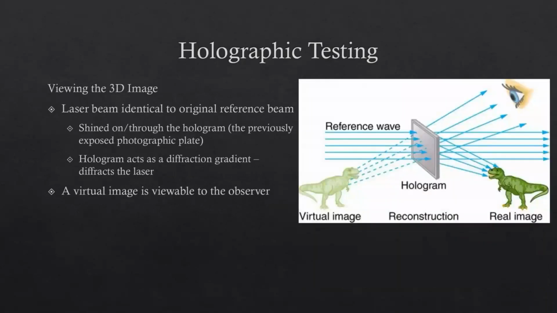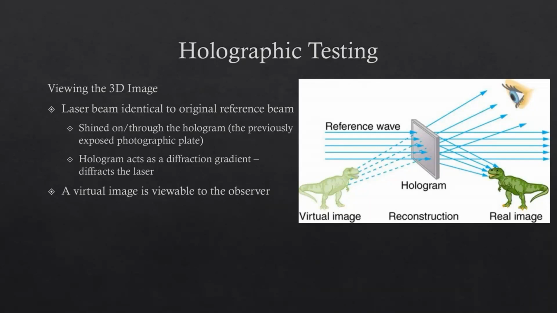And so if we shine a beam, what's called a reference wave here, that's identical to the original reference beam, so the original wavelength, original phase, through that holographic plate and we look at it, we'll be able to see a virtual image in there of whatever was used to create that topographic map looking plate.